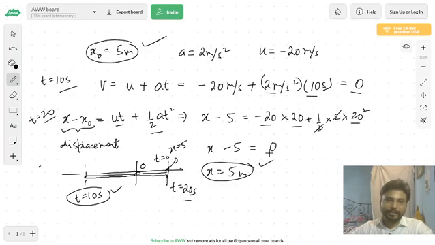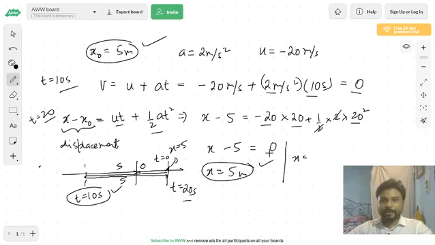That means, let's say if this distance is s, then it would have traveled s again in the next 10 seconds. So it would have traveled 2s distance in 20 seconds. So we have to look for s. So what is the position of the particle at 10 seconds? That is what we have to find.